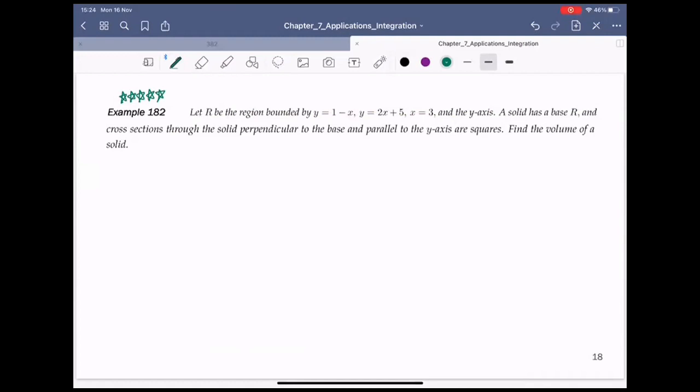So I have, well, this question I did not give you a solid, but you still can do it. So let R be the region bounded by the line y equal to 1 minus x, y equal to 2x plus 5, x equal to 3, and the y-axis.